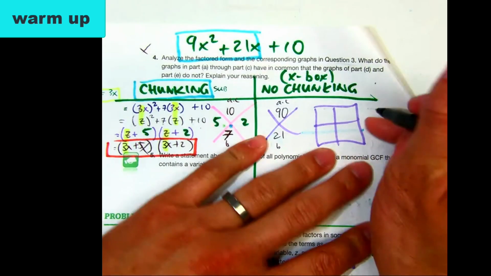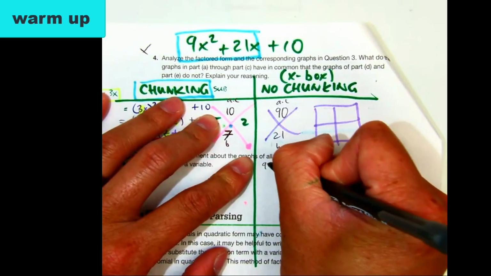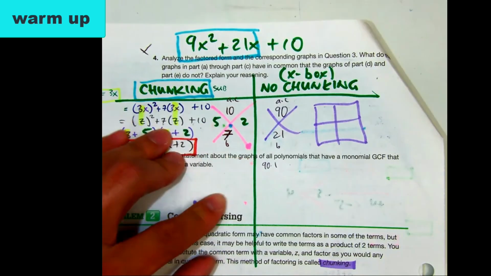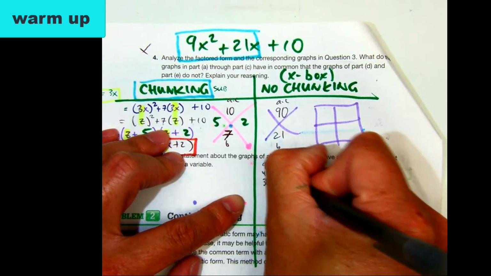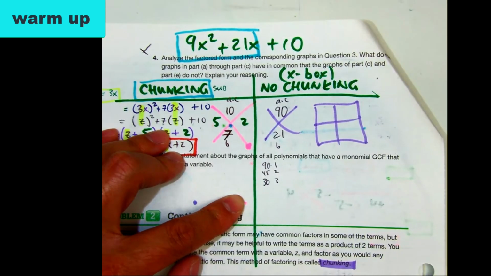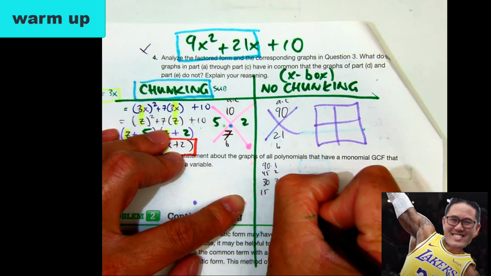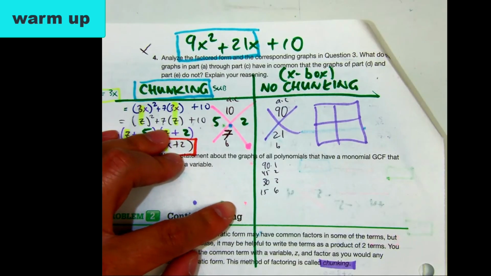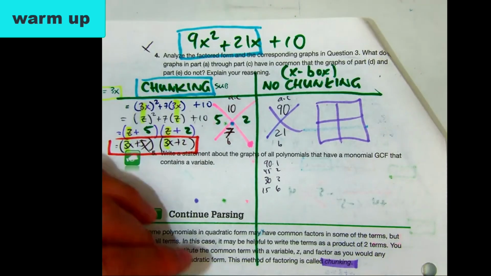Now, if you get stuck like I am, you can just list out all the factors of 90. 90 times 1, 30 times 3, 45 and 2. 15 and 6. Any others? And you guys said what number? 15 and 6. Let's use it.